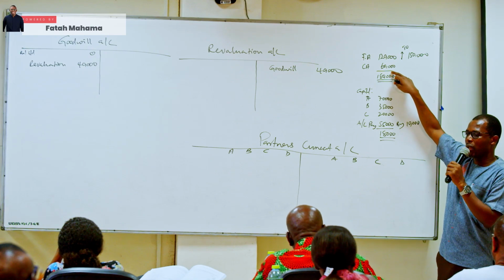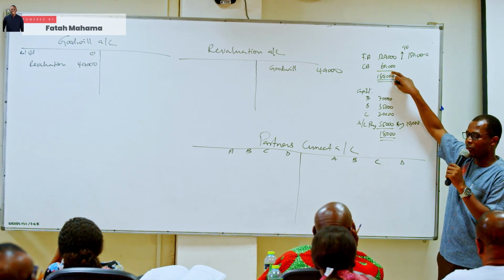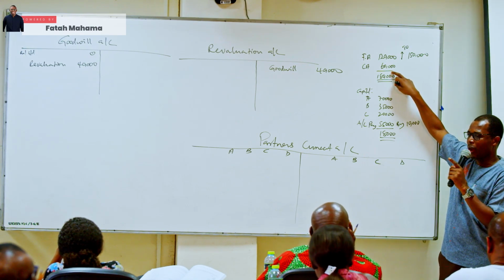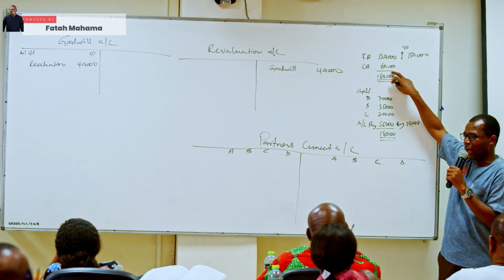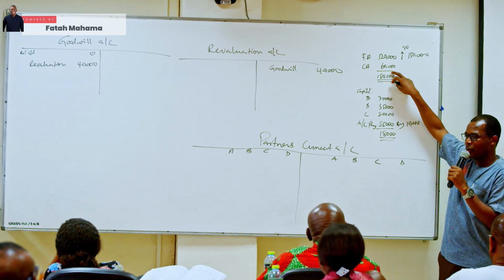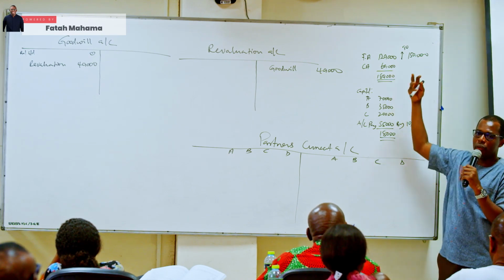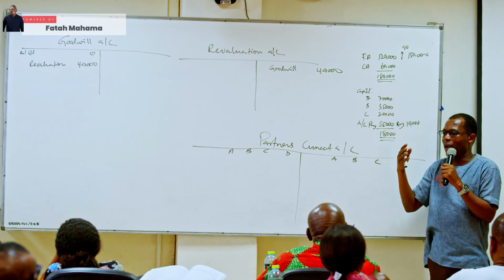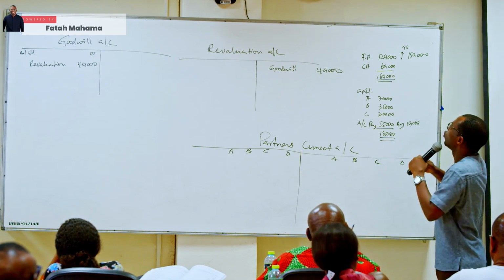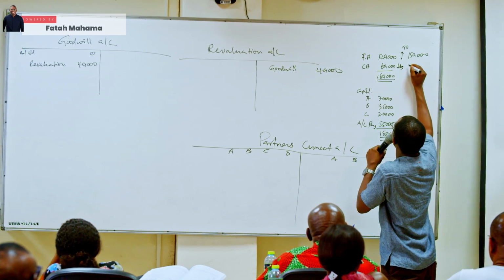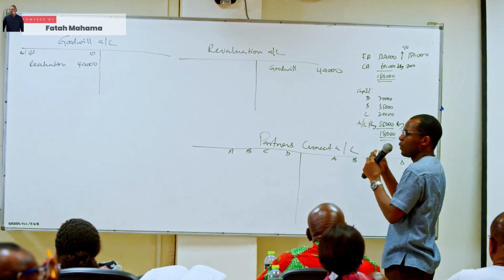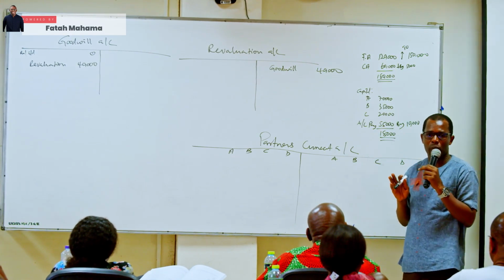Now, according to the examiner, what's going to happen? Somebody will not be able to pay. He owes 5,000, but is he not going to pay the entire 5,000? He's dead. Okay, so the firm has to write it off. So this number has to come down by 5,000. Are we together?